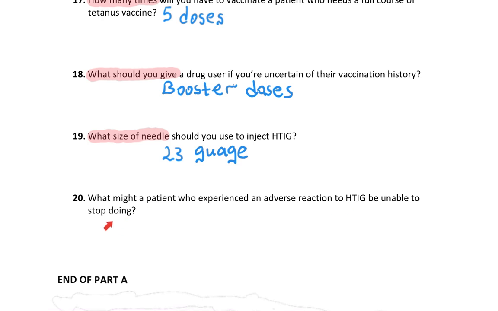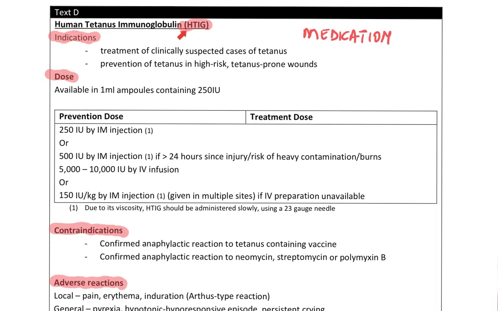That should be continuous. And the keyword here is what? HTIG. So we go to the text that contains HTIG, which is text D. Then we look for adverse reaction, okay? So we are in text D because of HTIG. Then we go to adverse reactions, okay?